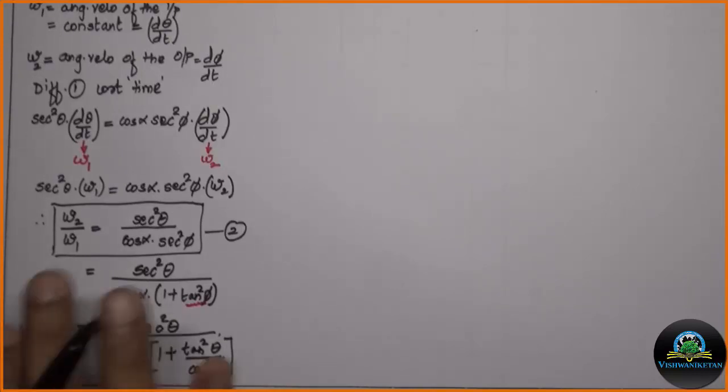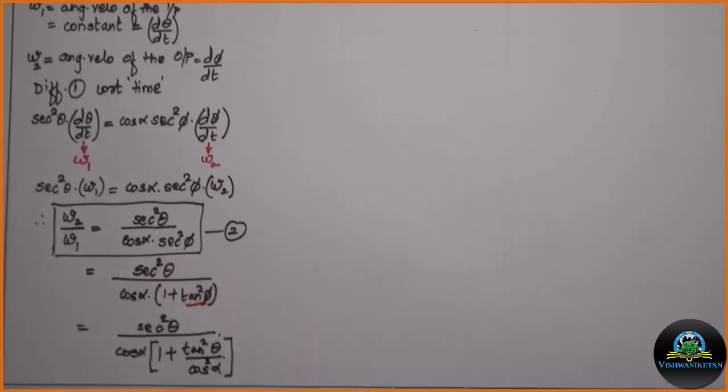Now, this becomes a very easy equation to understand. Notice that we have got rid of phi. There is only theta, theta, alpha and alpha.